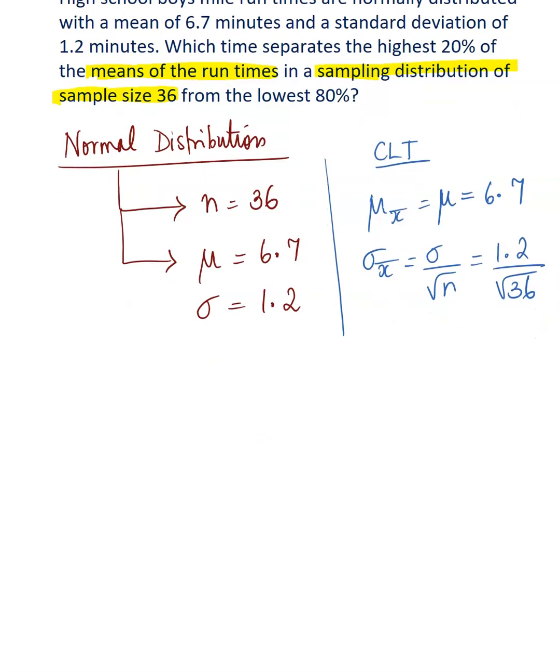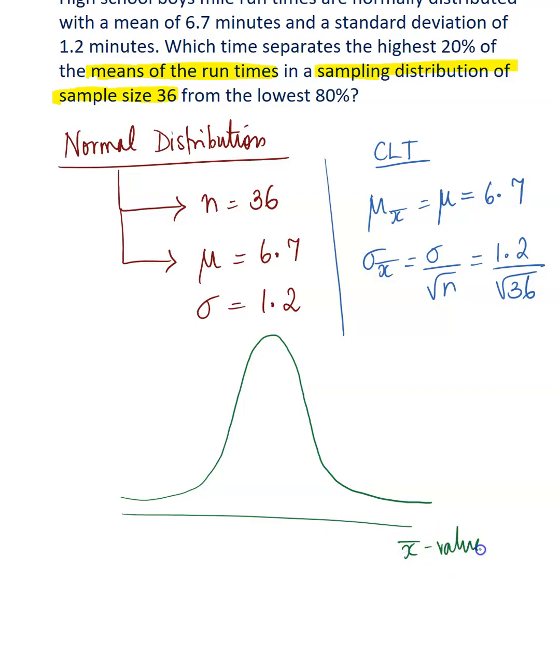And now we'll draw the graph. This is x bar values, that's your x-axis. Mu x bar, sigma x bar. Okay, that's your mean. The question says, what mean time, basically.